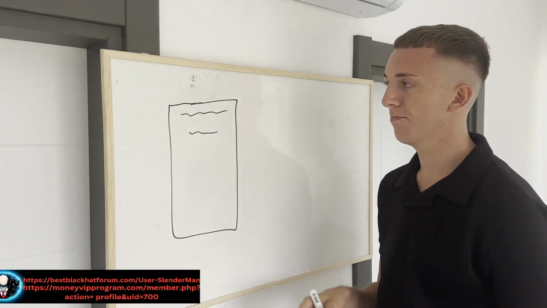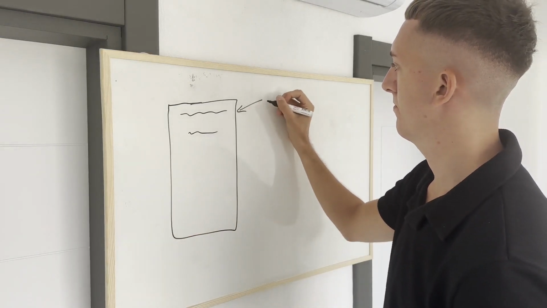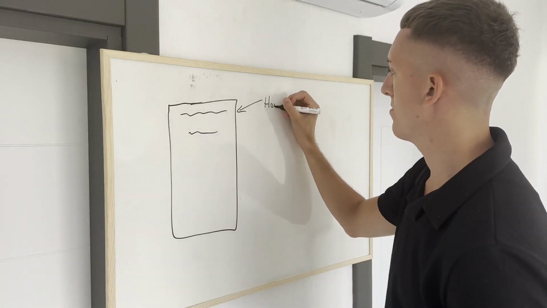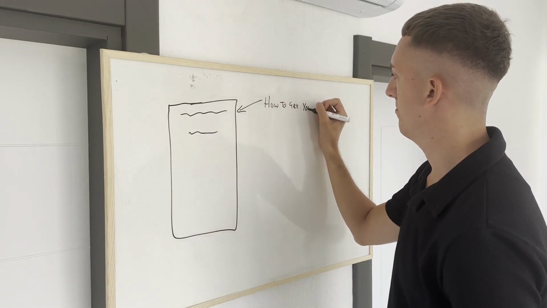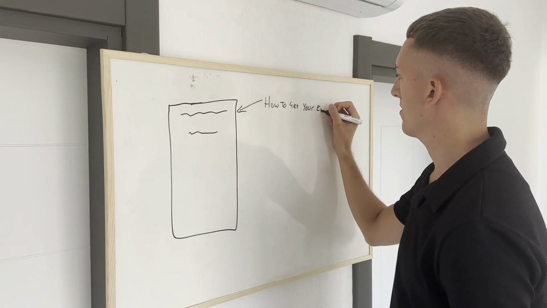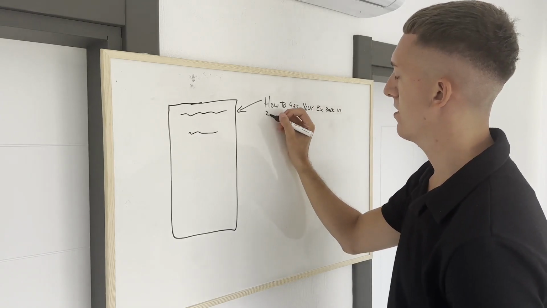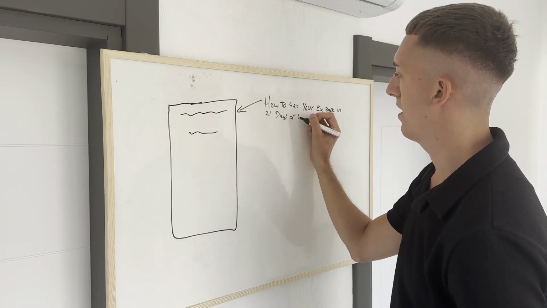So for example, this could say, just using the same niche as the last video, how to get your ex back in 21 days or less.